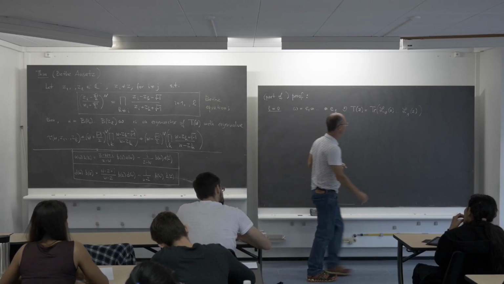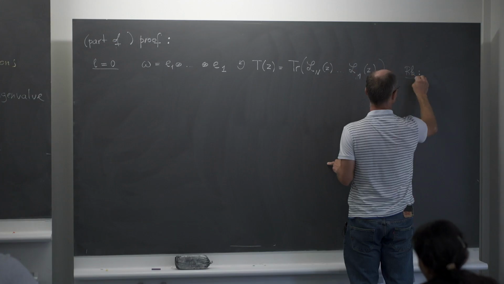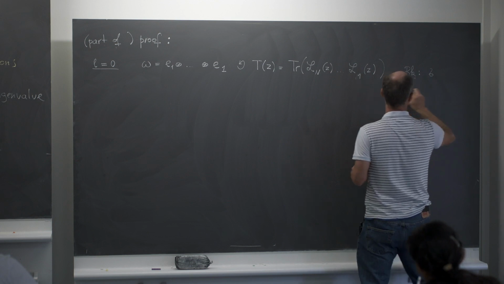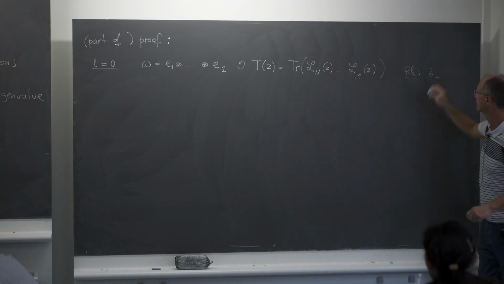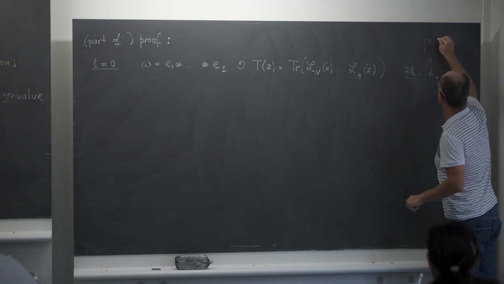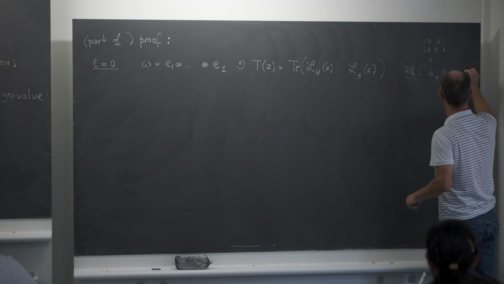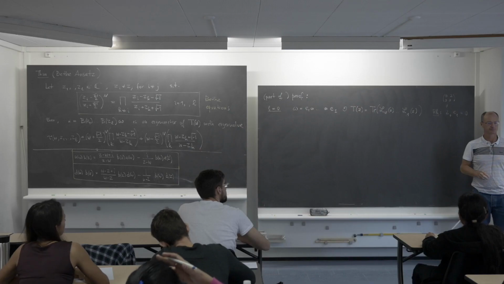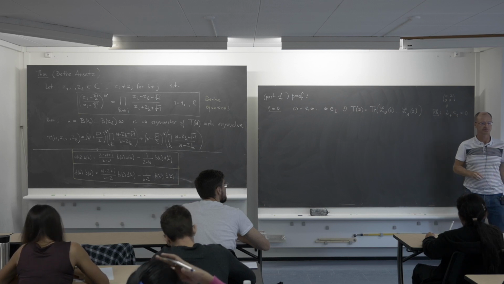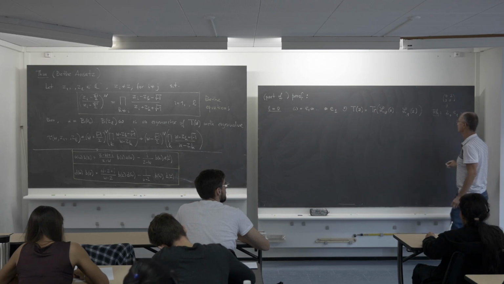Now, a small remark. The operator sigma plus, so this is this operator, acting on the vector E1 gives you 0. So this actually means the following.